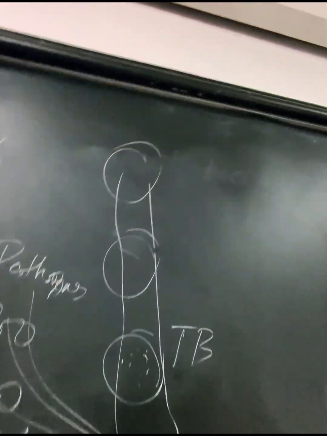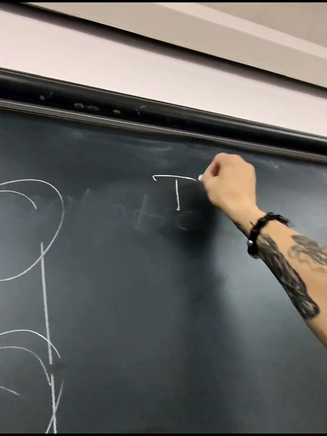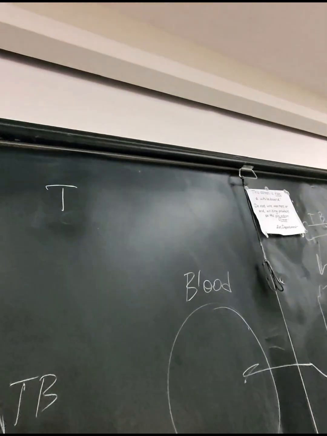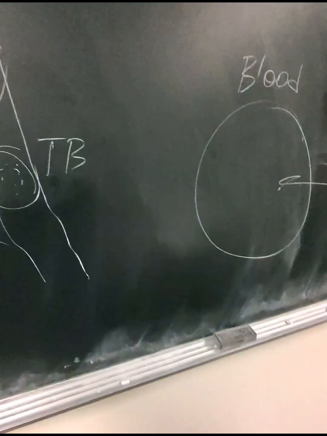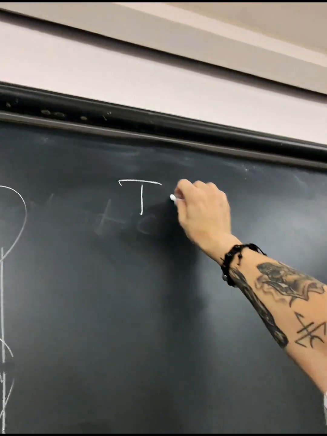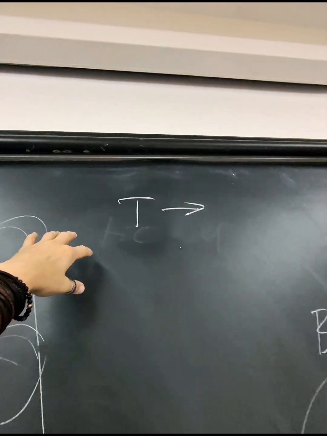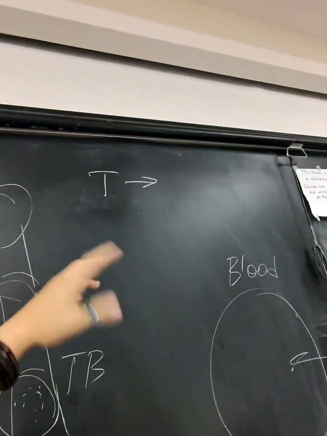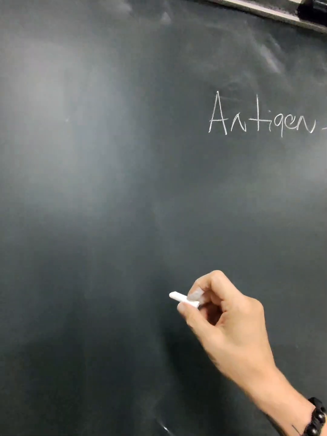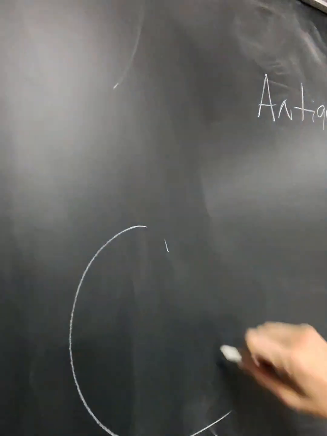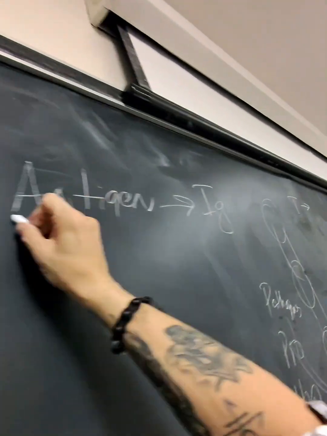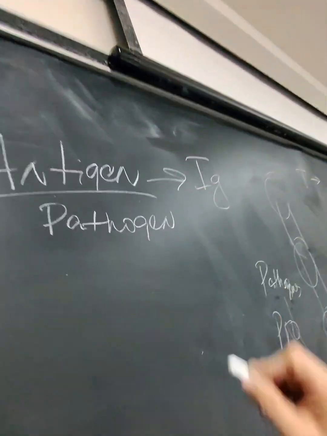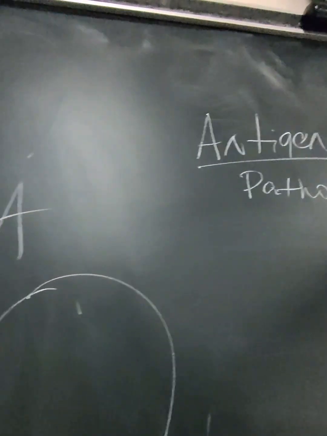So what happens? The T cells, there's a helper cell, there's a memory cell, there's cytotoxic cells, but big picture. So the T cells can recognize the pathogen. How can they recognize the pathogen? So let's say we have antigen, it could be bacteria, it could be virus, that can stimulate production of antibodies.